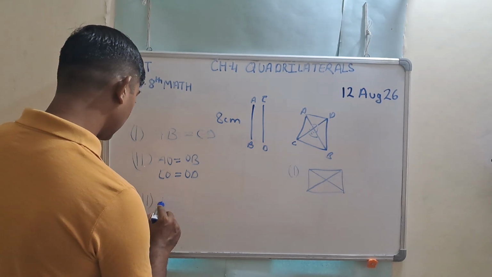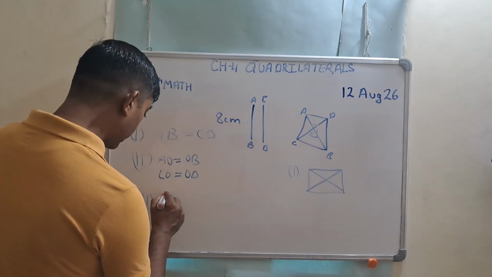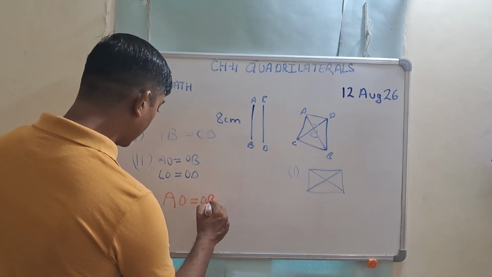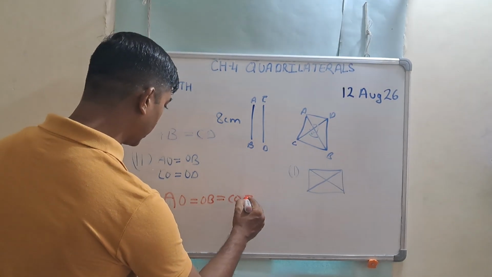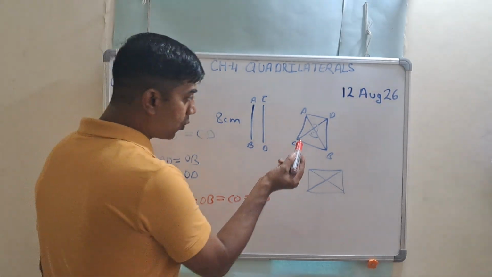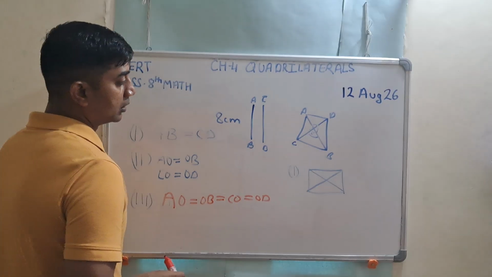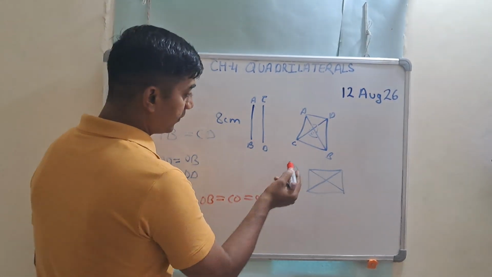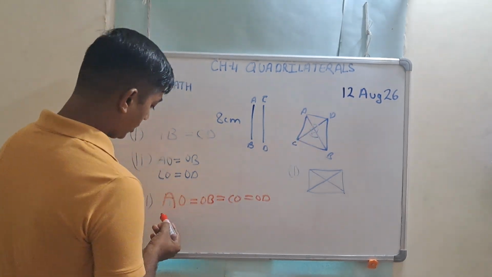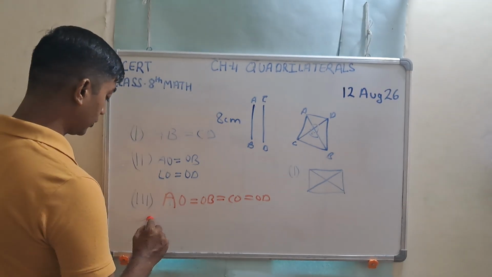In the third conclusion, we come to know that AO is equal to OB is equal to CO is equal to OD. Understood? And we concluded that O bisects AD and BD in such a way that all the lengths are equal, means AO is equal to OB equal to CO equal to OD. This was our third conclusion.